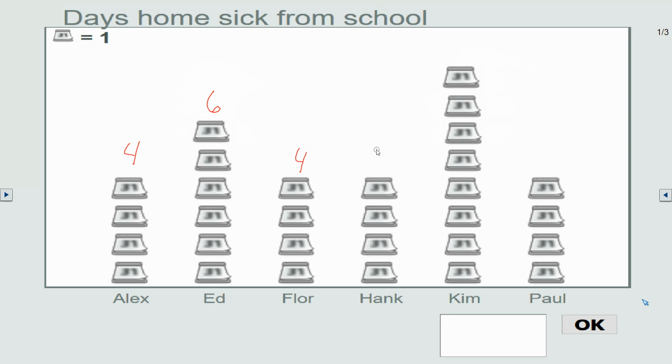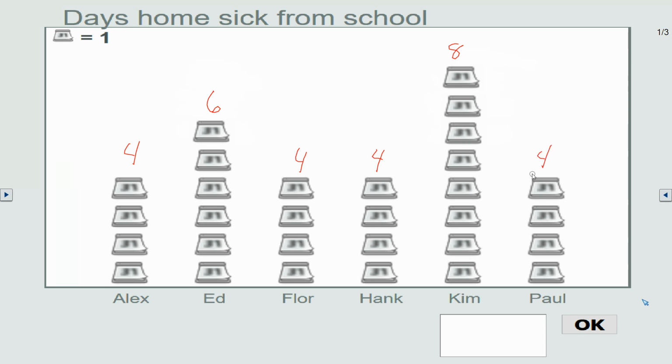Looks like that was also going to be 4. 1, 2, 3, 4, 5, 6, 7, 8. And I believe that this one here is going to be 4, and it is 4. Now, we have all those numbers.